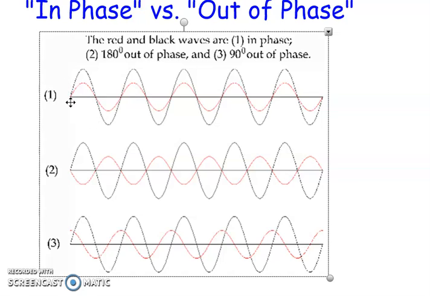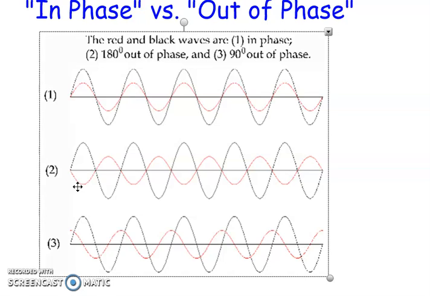So for this red and black wave for number 1, we've got equilibrium, they both go up, they peak at the same time, not necessarily the same height, but the same time, back to equilibrium, trough at the same time, back to equilibrium. They're doing the same thing at the same time.